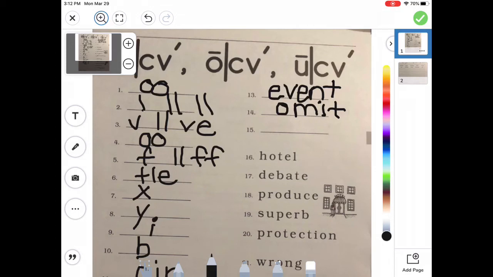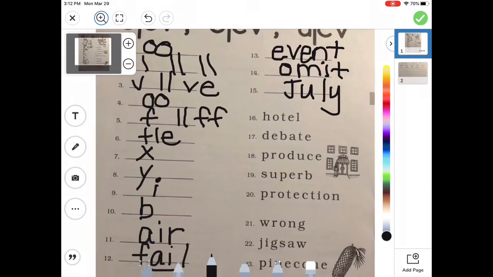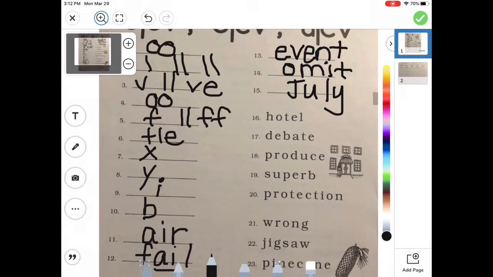I hear J, U, and then lie. So L, and then the I. Well, when I hear that I sound at the end, it's actually going to be a Y. July. Very good.